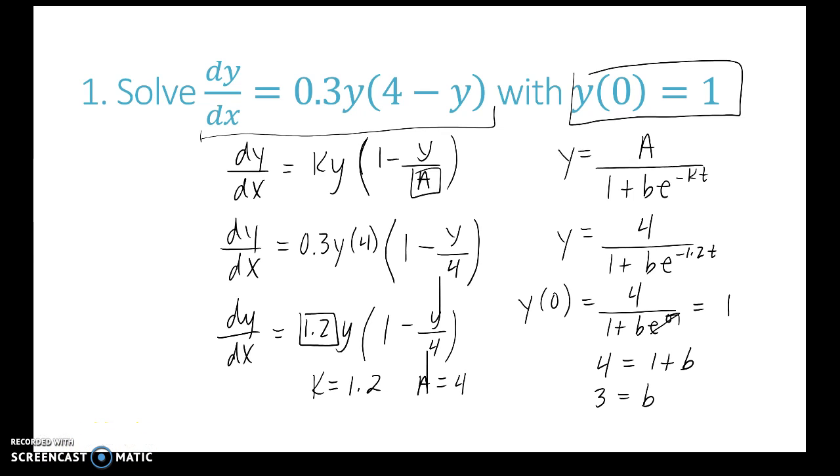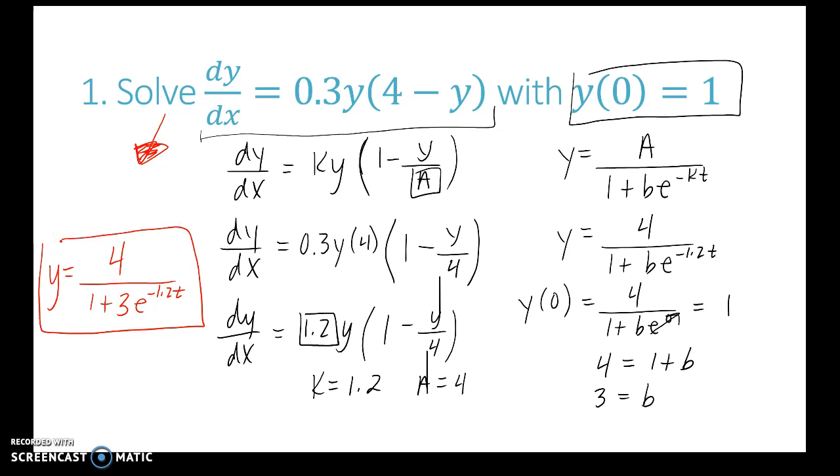Putting all the pieces together, the solution to this logistic differential equation is y equals 4 divided by 1 plus 3e to the negative 1.2t. You need to be able to recognize a logistic differential and what its solution is. Again, when we do the solution in class, you'll know why you want to commit this to memory.